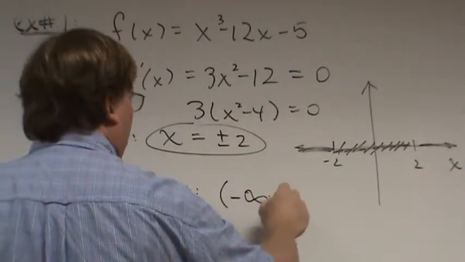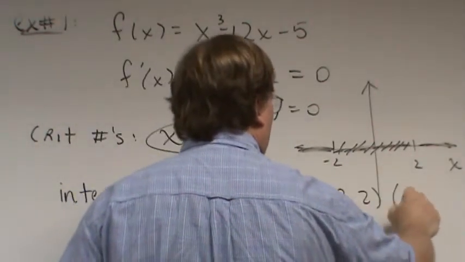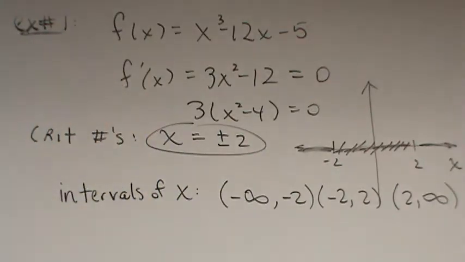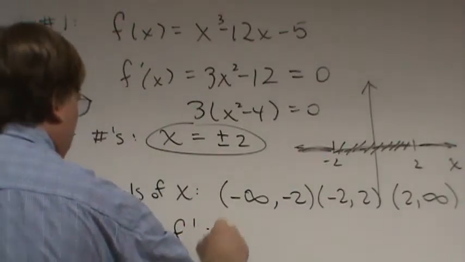You'll go like this: -∞ to -2, -2 to +2, and then +2 to infinity. Those are the intervals of x I'm going to be looking at. The border points have to be the critical points. Next, I'm going to look at the sign of f prime.